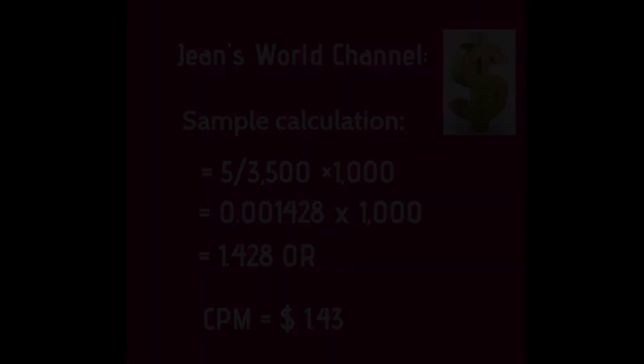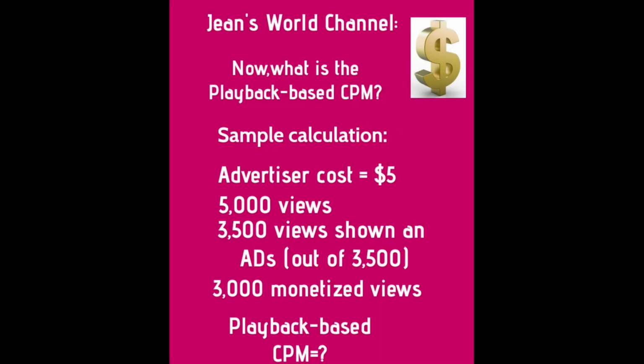Now we will proceed to the playback-based CPM. Here we go. To calculate the playback-based CPM, advertiser cost $5, 5,000 views, and 3,500 views shown as advertisement, out of 3,500, 3,000 monetized views, playback-based CPM equals... This is a sample figure views calculation only.